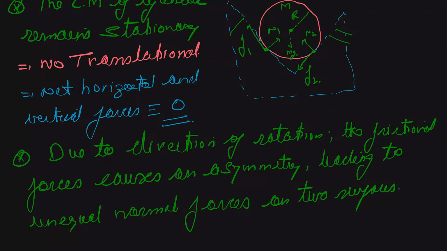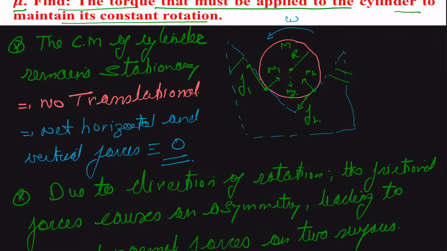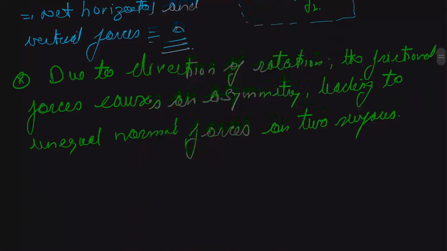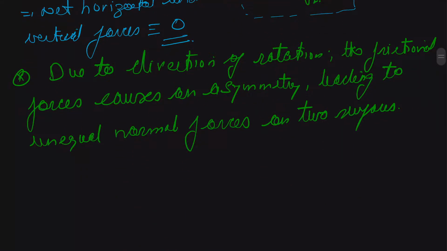So this is the basic premise of the question, and from here we can also say that the value of our F1 in terms of normal, we can write that F1 will be equal to mu N1, and we can say our F2 is equal to mu N2.